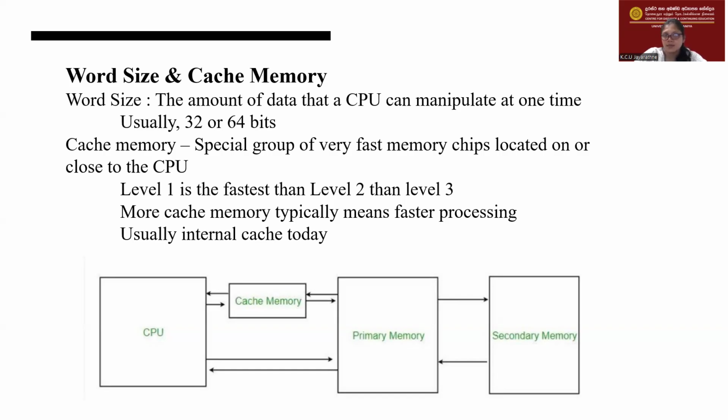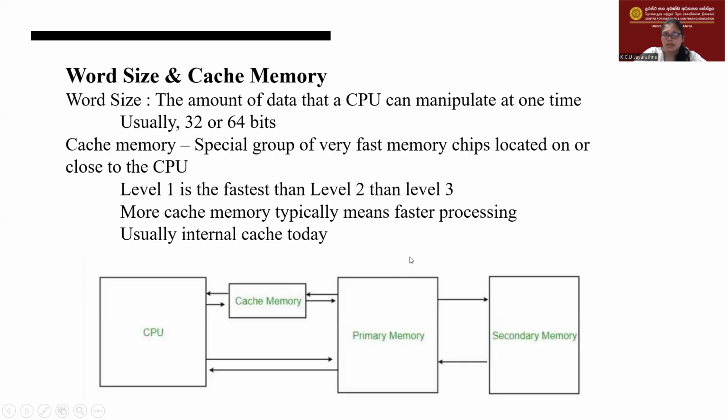Cache memory is a special group of very fast memory chips located on or close to the CPU, between the CPU and primary memory. In cache memory, level 1 is faster than level 2, which is faster than level 3. More cache memory typically means faster processing.